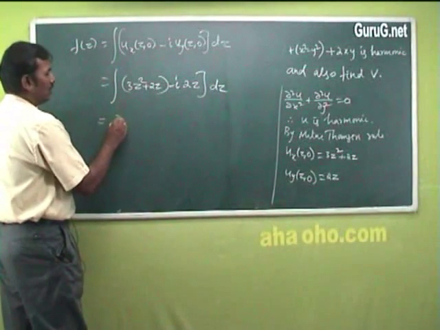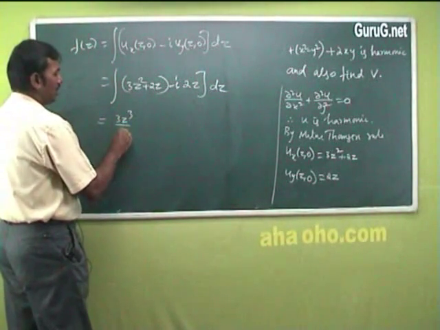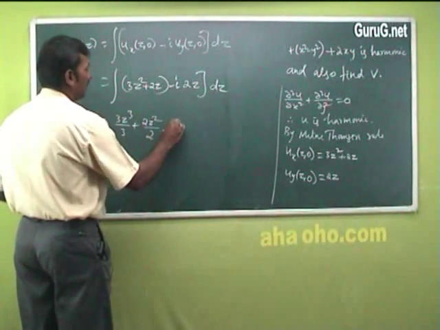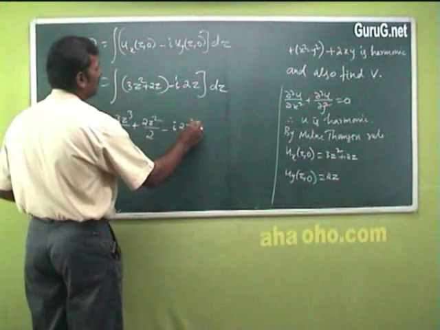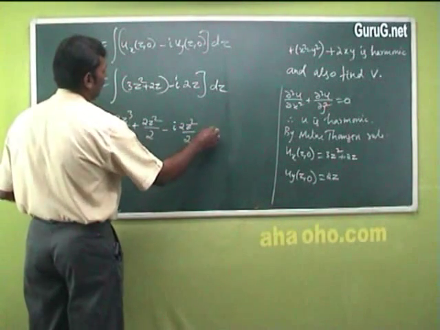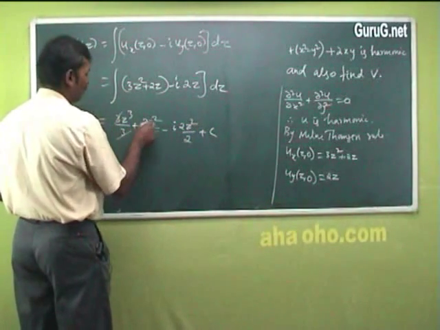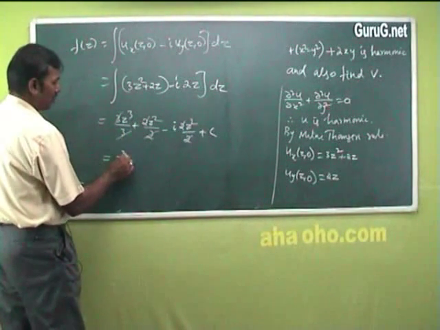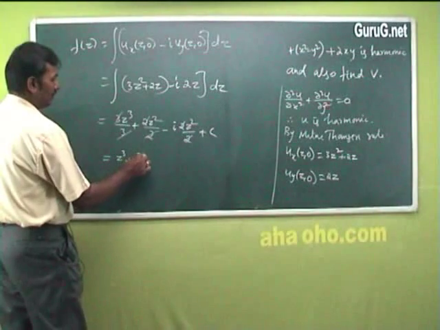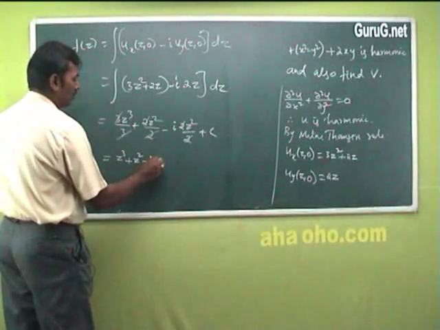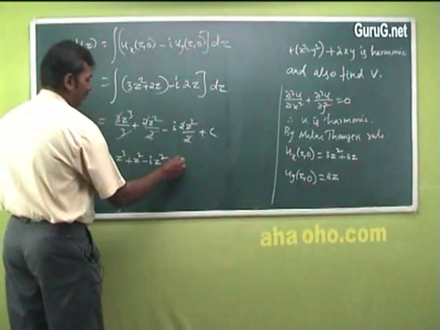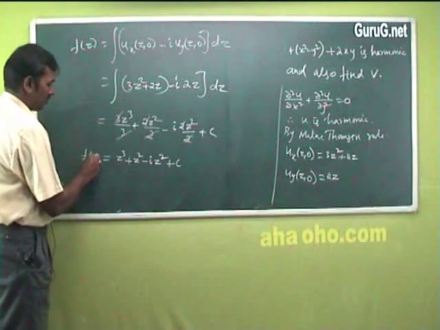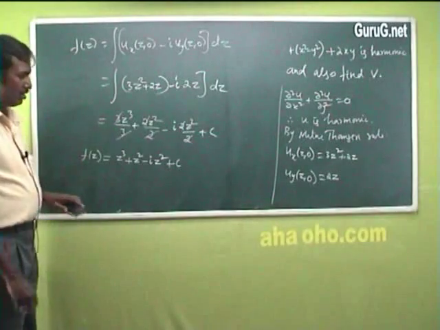Then 3 into z cubed by 3 plus 2z squared by 2, minus i into 2 into z squared by 2, plus c. So z cube plus z squared minus i into z squared plus c. So this is f of z. Clear?